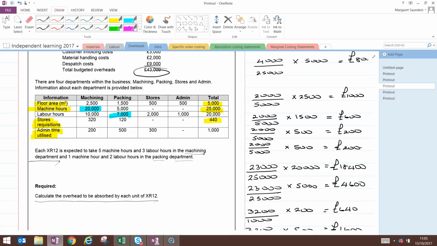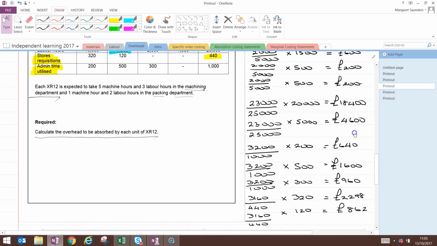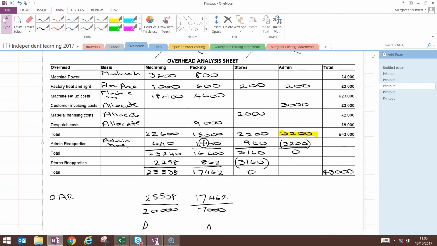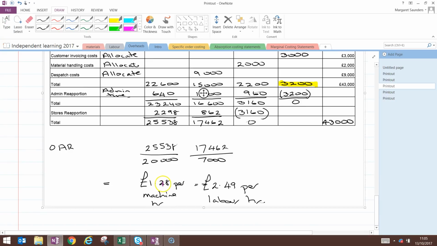Well, that's why it is so important to always write after your overhead absorption rate per and then the basis. So for the machining department, our absorption rate is per machine hour. So we're going to multiply that £1.28 by the machine hours, and we're going to ignore the labour hour figure.